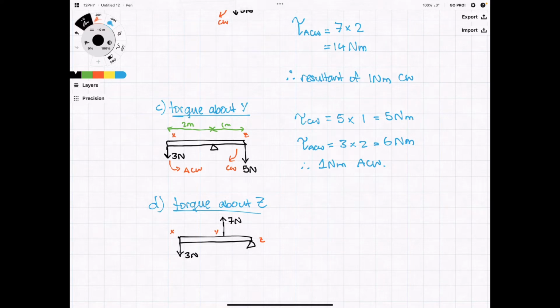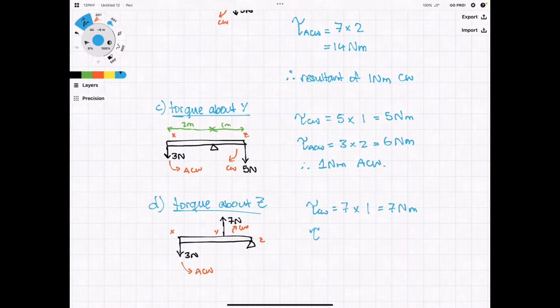Okay, so 3 Newtons is taking us around that way, which is anti-clockwise. 7 Newtons is pulling us up and around that way, which is clockwise. Same process as before. Torque clockwise equals force, which is 7 Newtons, times distance of 1 equals 7 Newton meters.